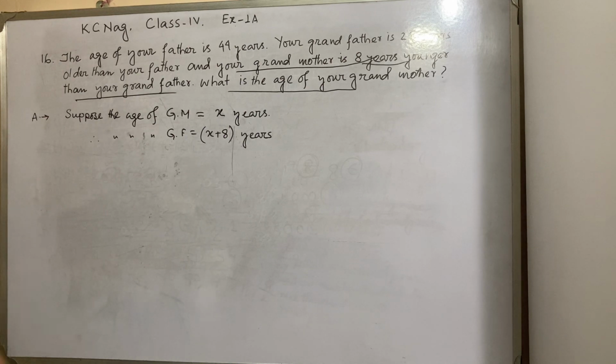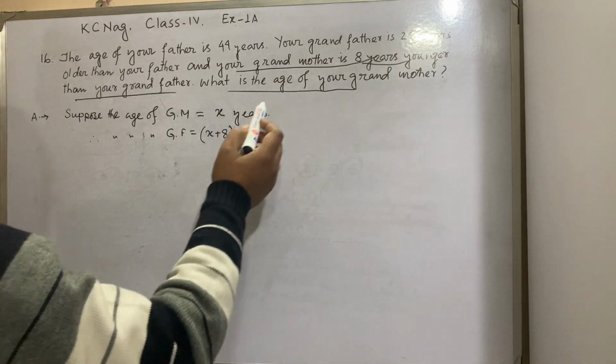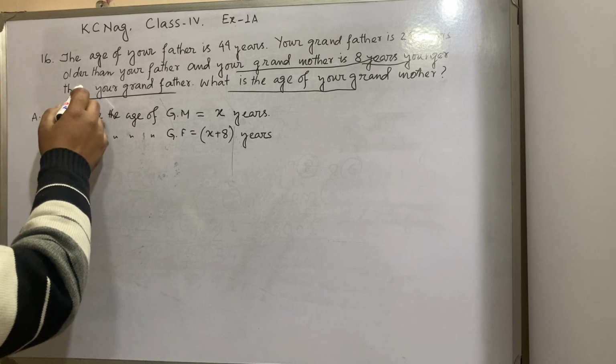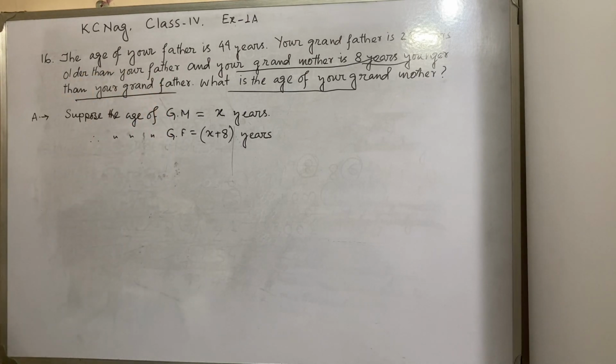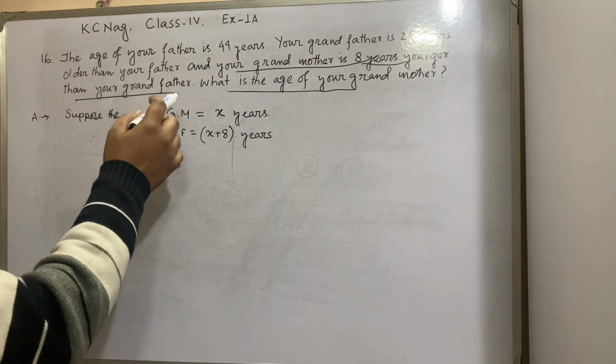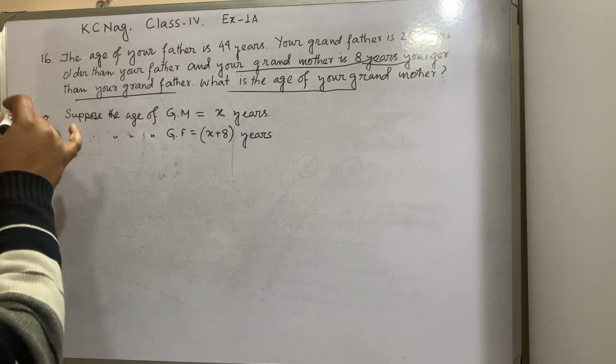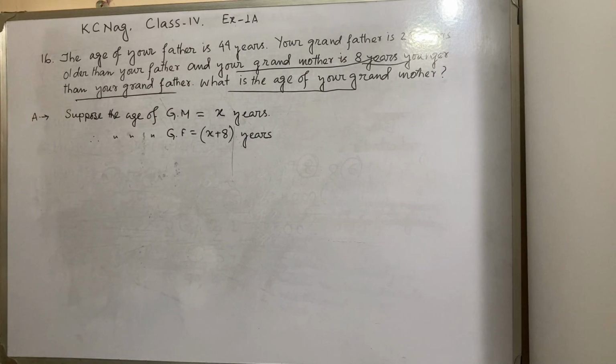Okay. Next, your grandfather is 28 years older than your father. Okay, that means the father is 28 years younger than the grandfather.